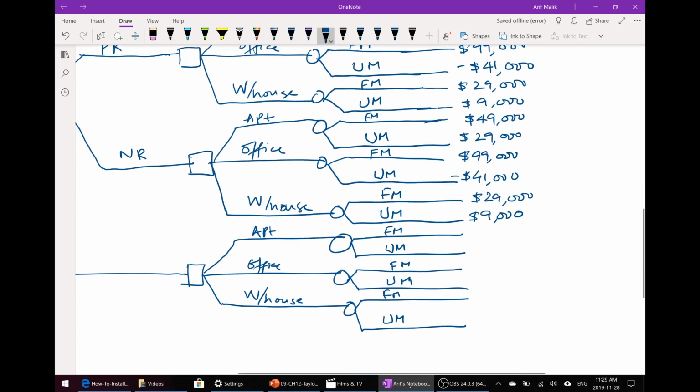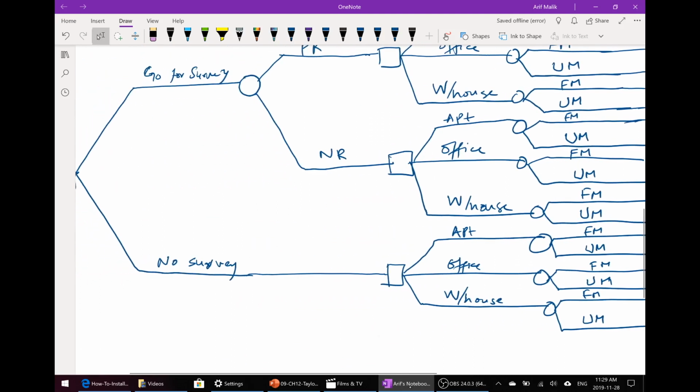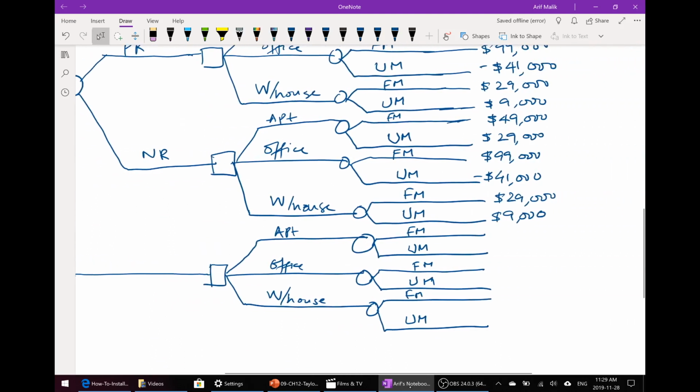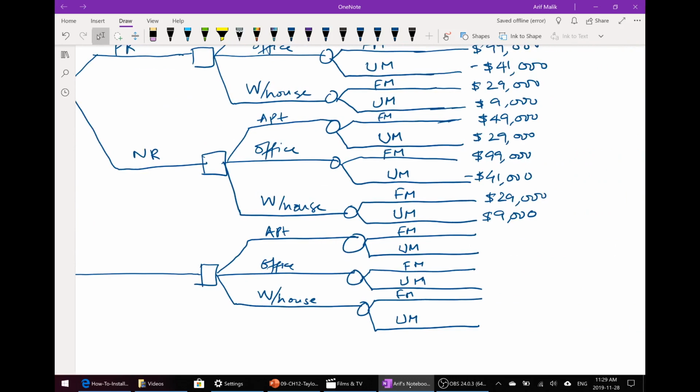And then here, since this branch is coming from no survey and apartment building, we have the previous payoffs. What are those?